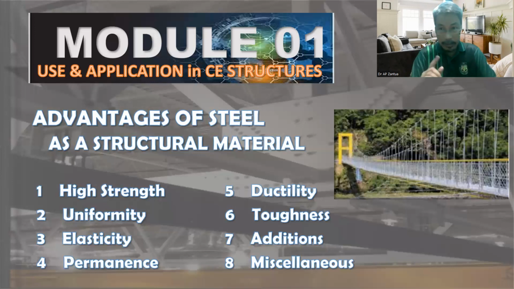That is not true with wood. Compression and tension of wood are different. The same is true with concrete. They have a different characteristic in compression and tension. Tension meaning you stretch.